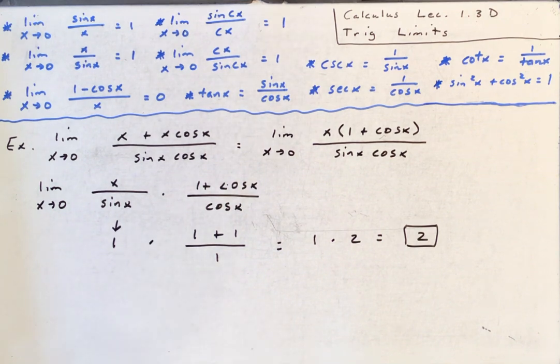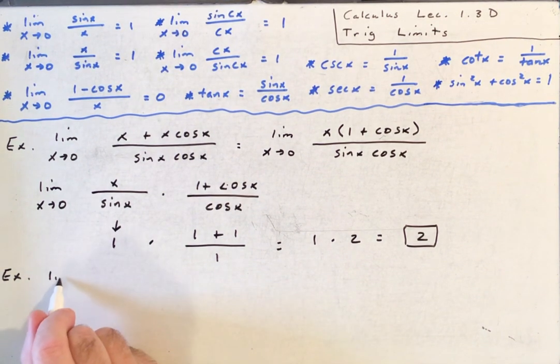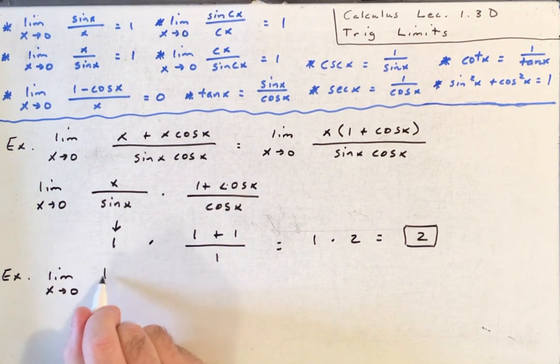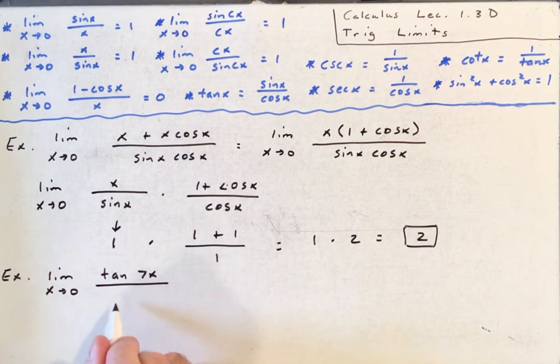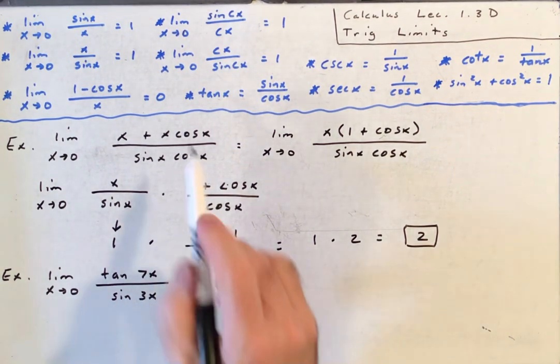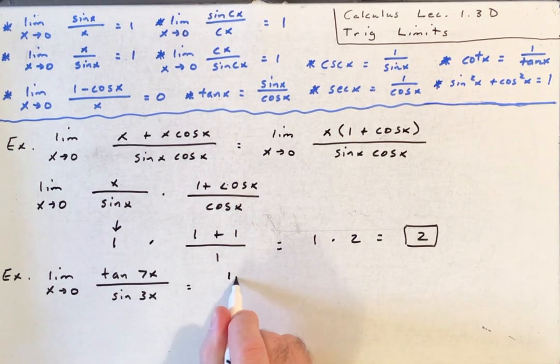Okay, let's see if I can squish in another one here. Let's say we have the limit as x approaches 0 of tangent 7x over sine 3x. Okay, anytime you see tangent, I don't have any tangent formulas here, but maybe I should switch that to sine over cosine.